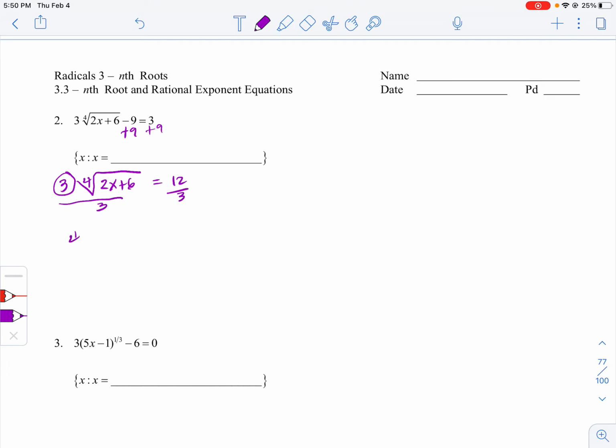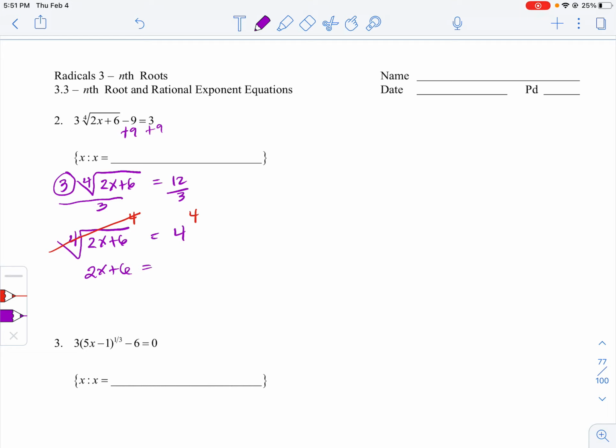So I am left with the fourth root of 2x plus 6 equals 4. And again, to get rid of the fourth root, I will raise both the left and right sides to the power of 4. That cancels, and you're left with 2x plus 6.